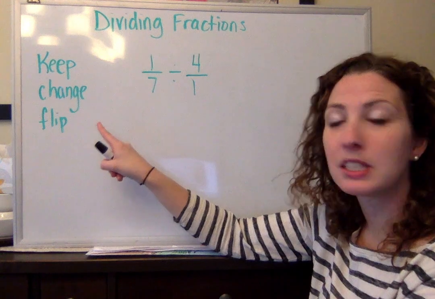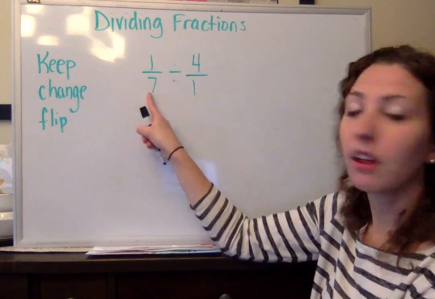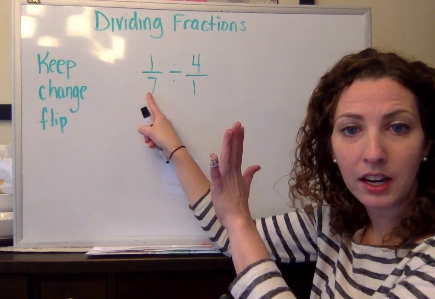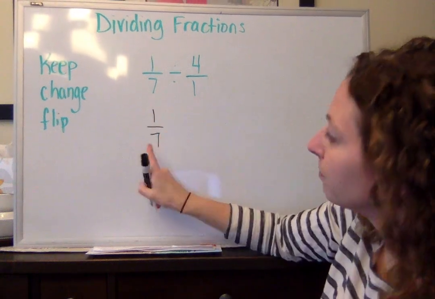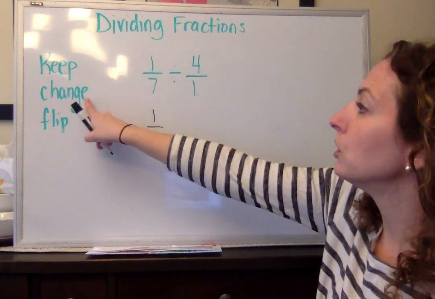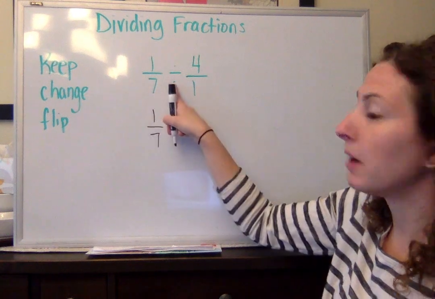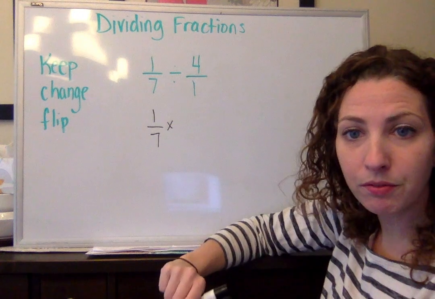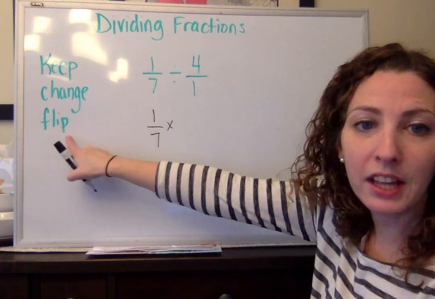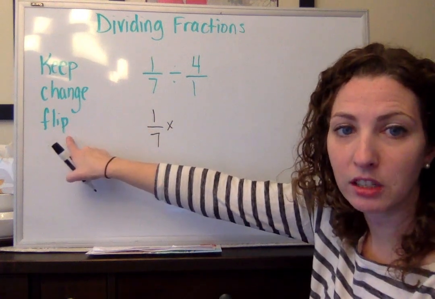So what this means is I'm going to keep the first fraction the way it is, 1 over 7, okay? I'm going to change my division sign to multiplication, and I'm going to flip the second fraction.